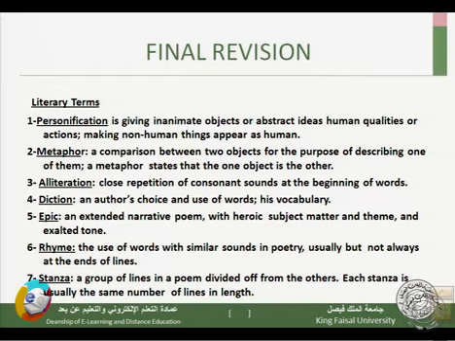We started with personification, metaphor, alliteration, diction, epic, rhyme, stanza. These are also important. You need to know the definition of each of these terms. For example, the first one, personification, is giving inanimate objects or abstract ideas human qualities or actions, making non-human things appear as human.